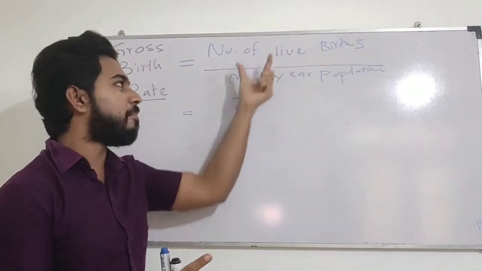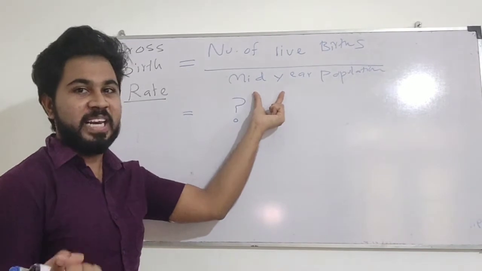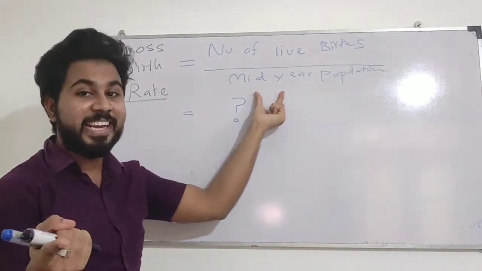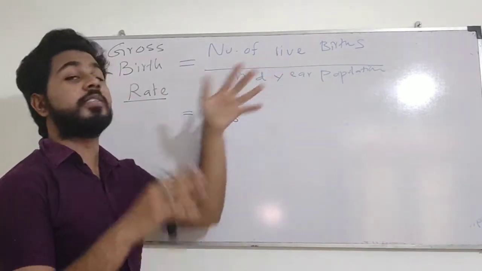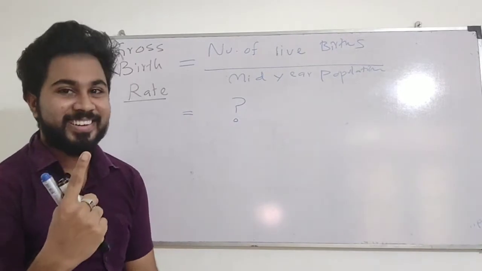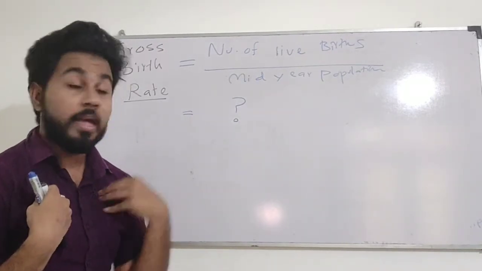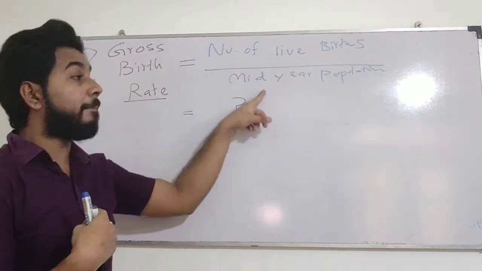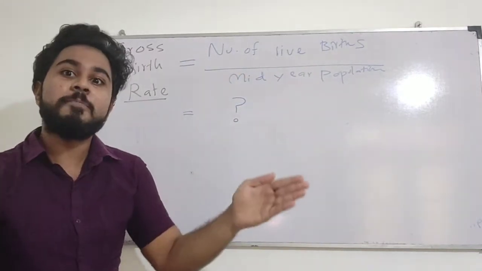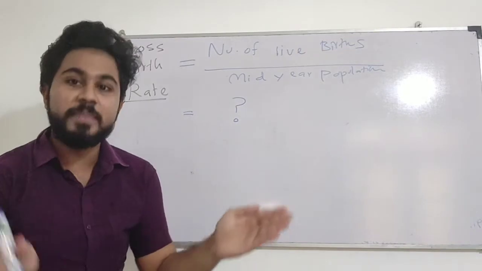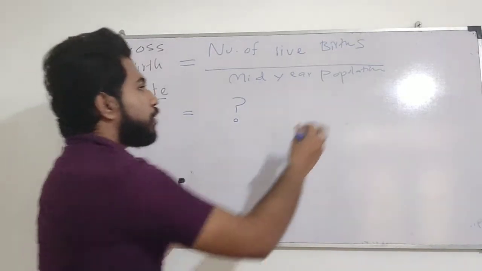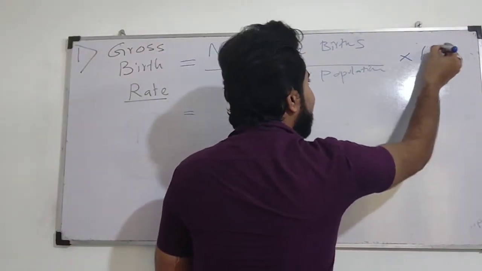So if we divide the number of live births by the mid-year population, the answer means how many live births occurred per one person. If we want to calculate how many live births happen per 1,000 persons, then we should multiply this by what? 1,000.